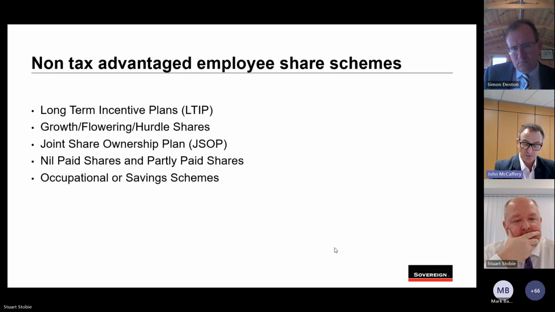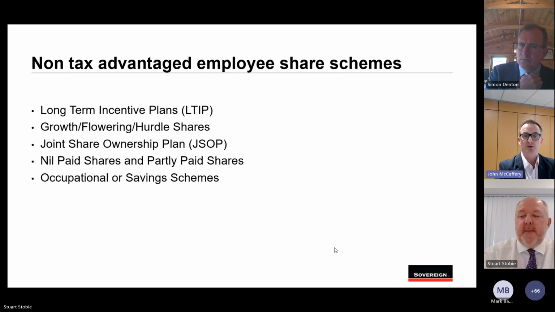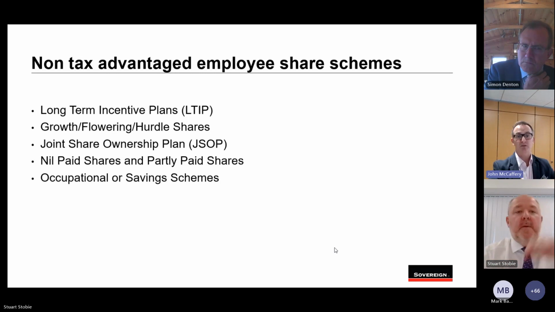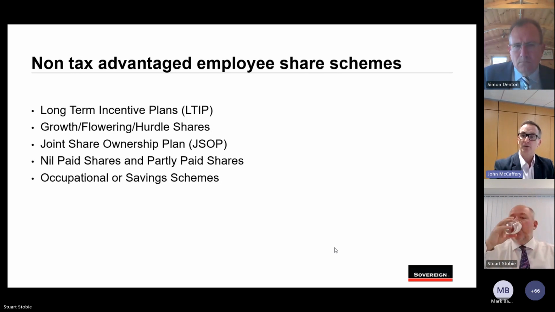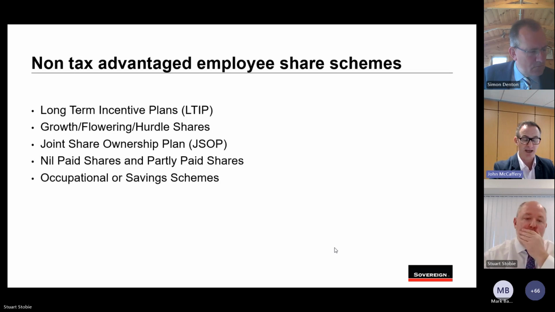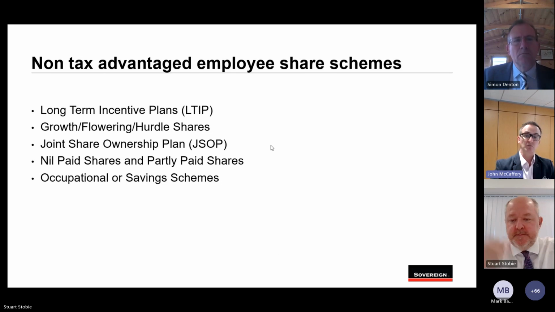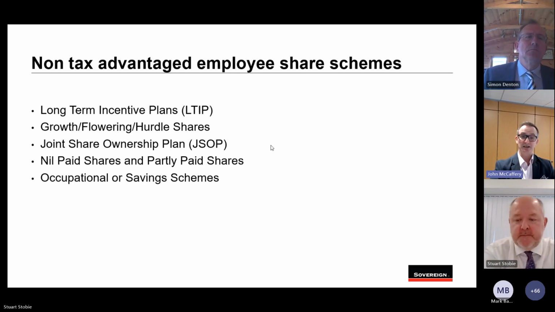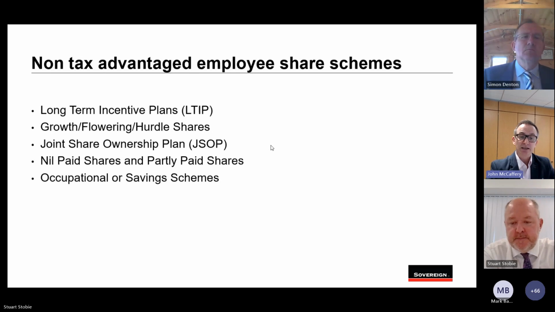Now, if it's unapproved, you might acquire the right at, say, £1 today, but if in five years' time, when you exercise your option, the shares are worth, say, £10, you will pay income tax on the difference between the pound you pay and the £10. So you're paying income tax on the £9, generally through PAYE. Often this is done by large companies because it's pretty easy to do and can be company wide.